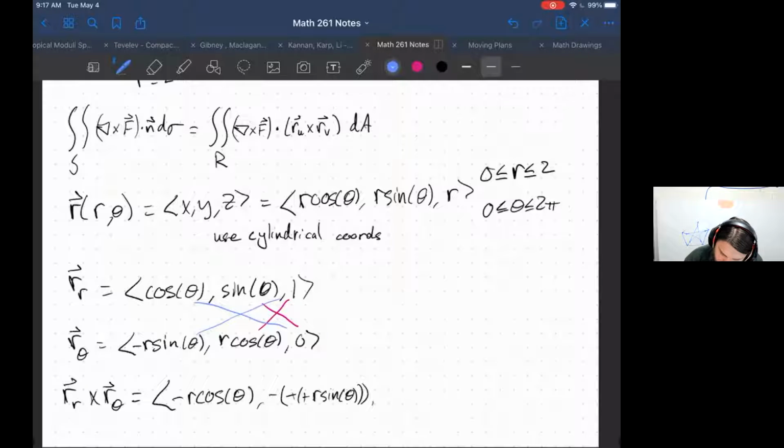Then for the third component, we get 1, 2 minus 2, 1, which I'm just going to simplify to an r. One of these directions we get an r cosine squared, the other one we get a negative negative r sine squared, and we can factor those out and simplify. So this is what we get for the cross product.